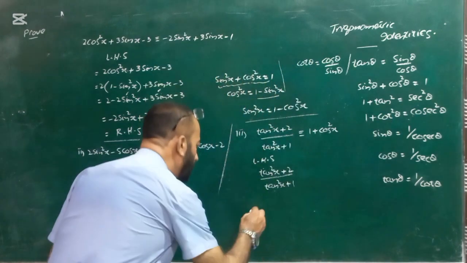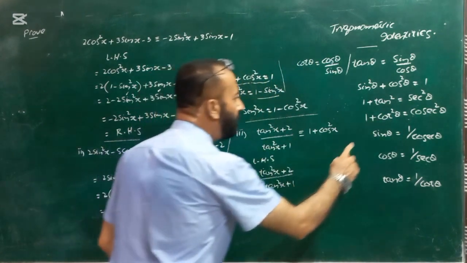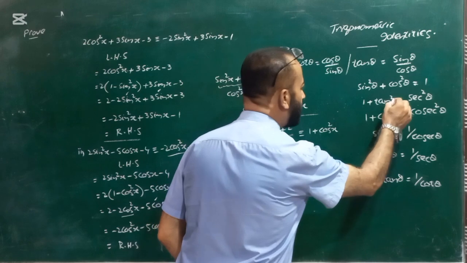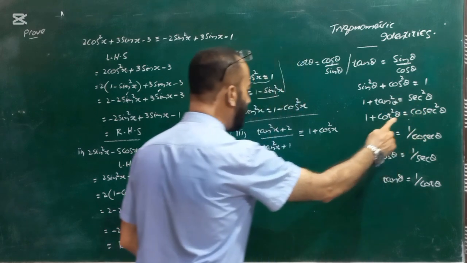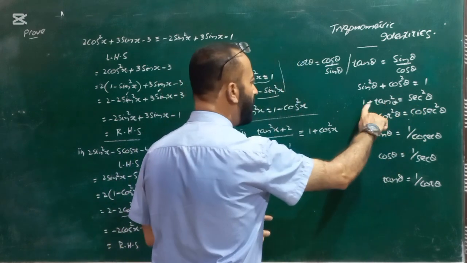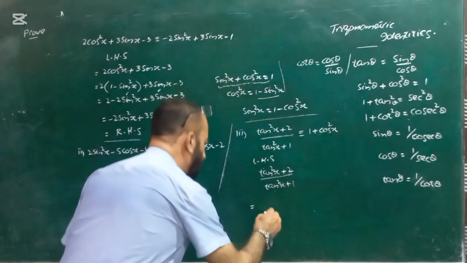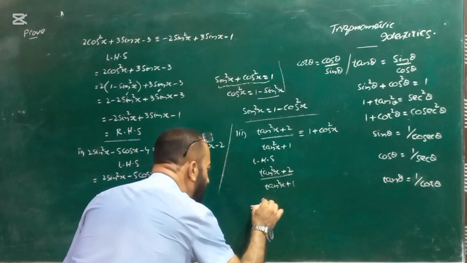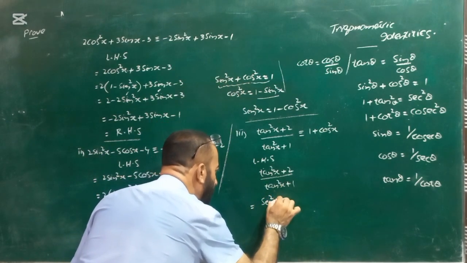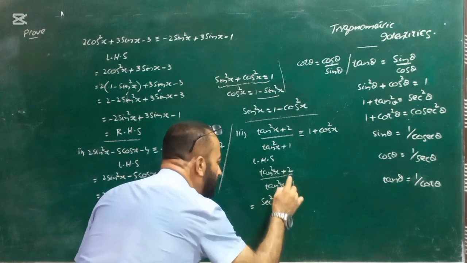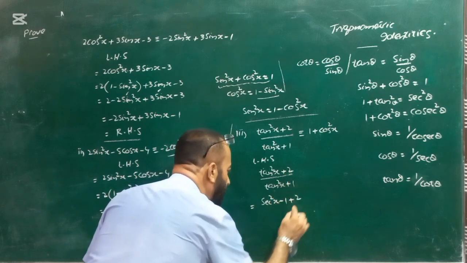So look now. If 1 plus tan square theta is equal to secant square theta, then tan square theta will be equal to secant square theta minus 1. So look now, tan square x will be equal to secant square x minus 1. This plus 2 will remain as it is.